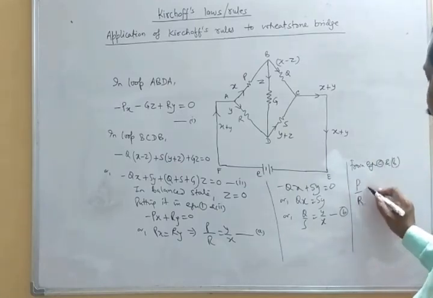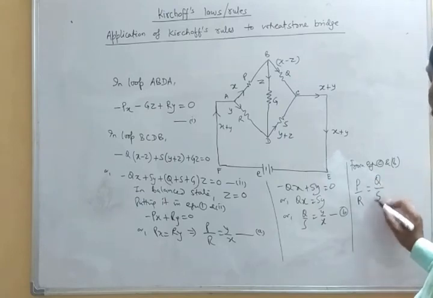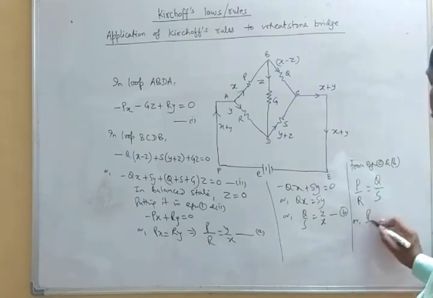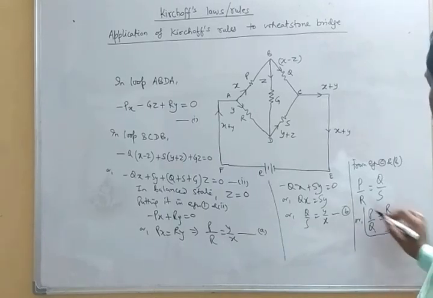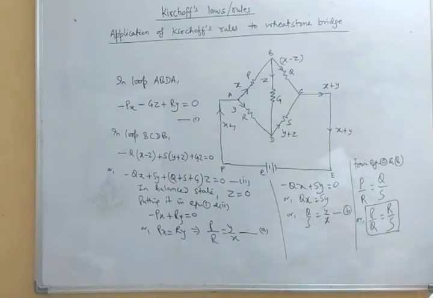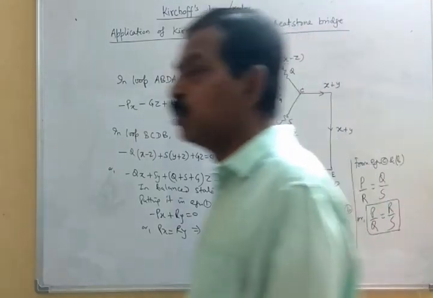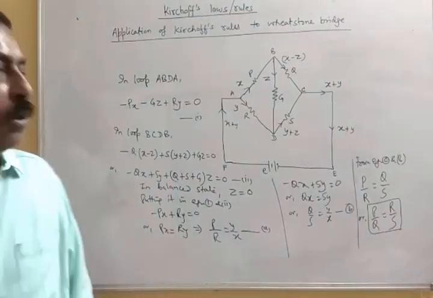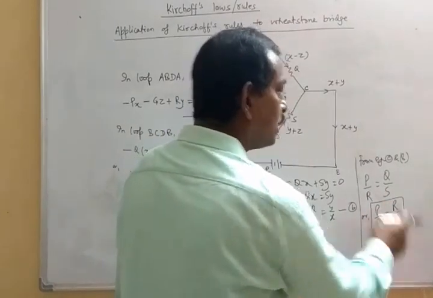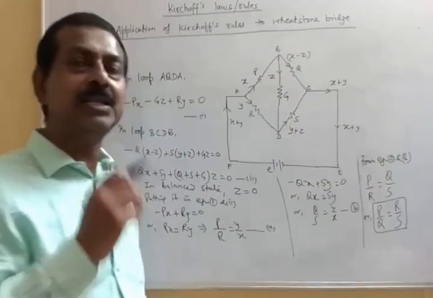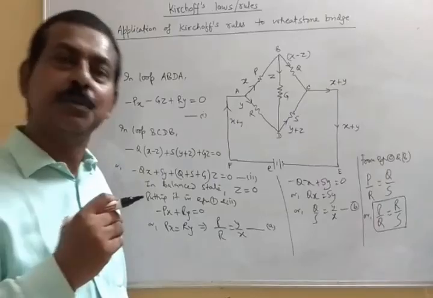P by R equals Q by S, or P by Q equals R by S. This is the balanced condition of the Wheatstone bridge. Whenever we get P by Q equals R by S, we take it as the balanced condition of the Wheatstone bridge.